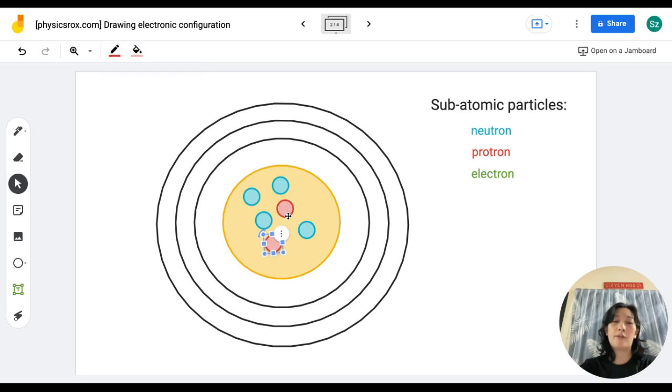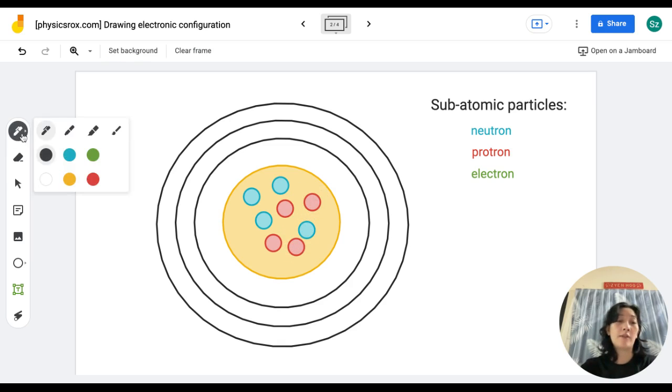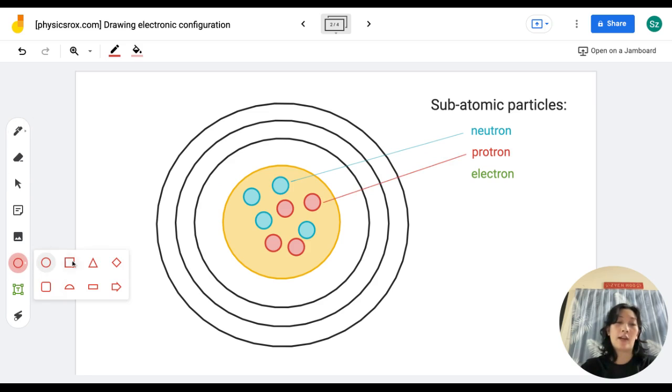The neutrons and protons all lie within the center of the atom, which we will call the nucleus. I'm just going to draw this really quickly. So these are the neutrons, and I'm just going to label this way. These are the protons, and of course we've got the electrons, which for now I'll just put as green blobs. Okay, so these are the electrons.